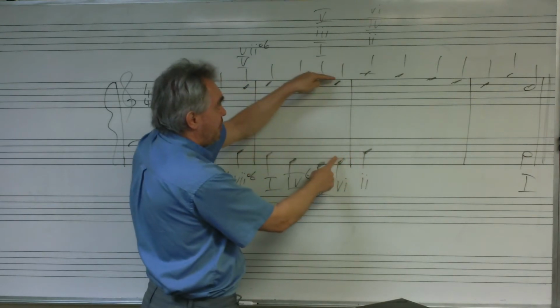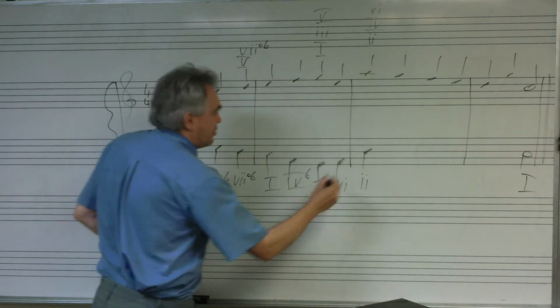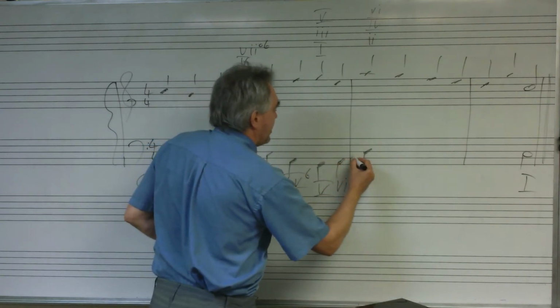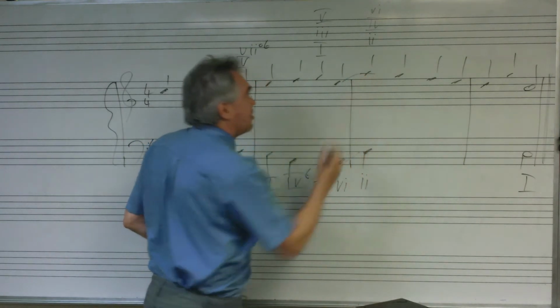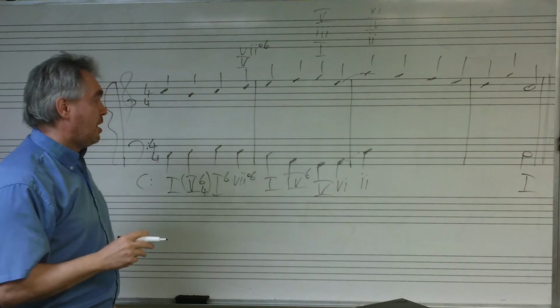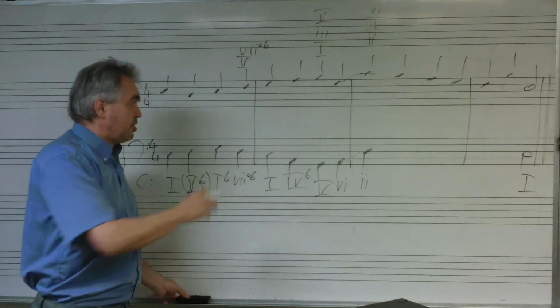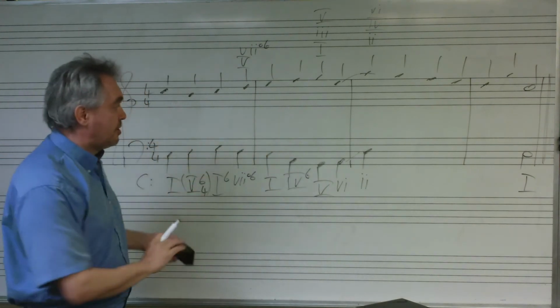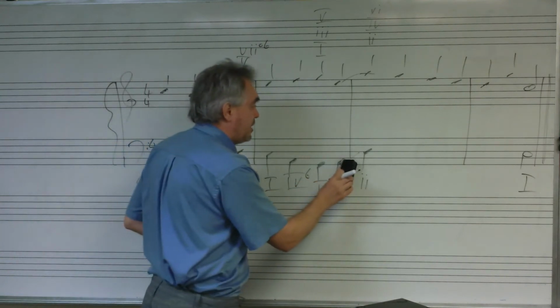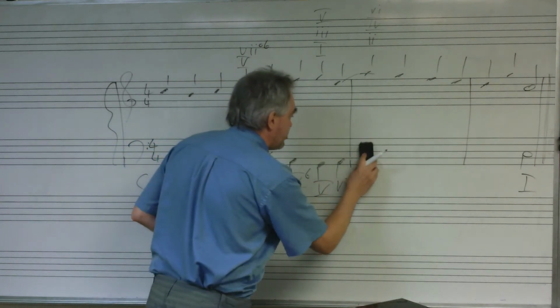So I said fifth and fifth, which means we do have parallel fifths here. And so fortunately we didn't write the whole thing out yet, and we did some error detection already, so we need to actually change this.